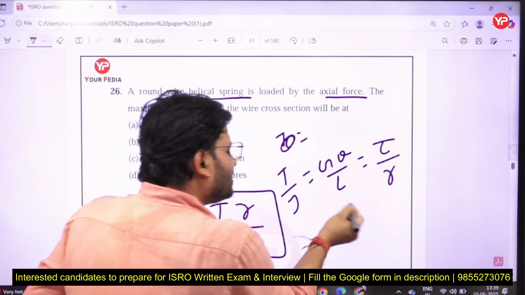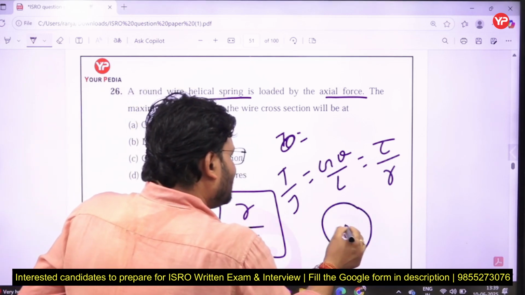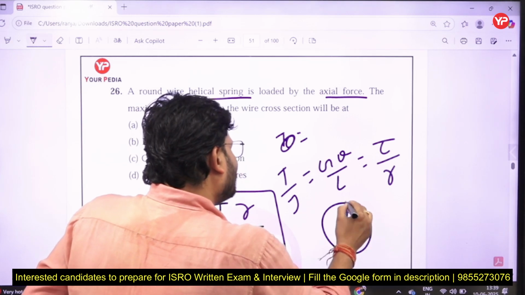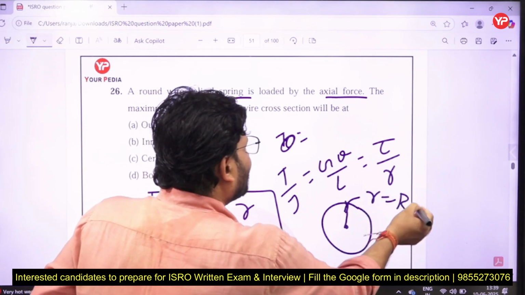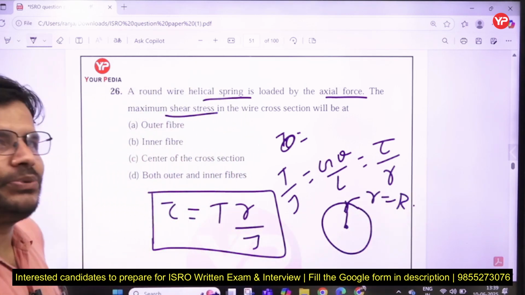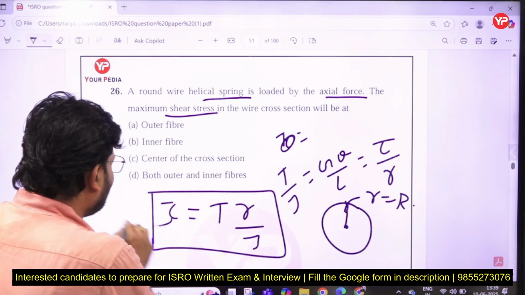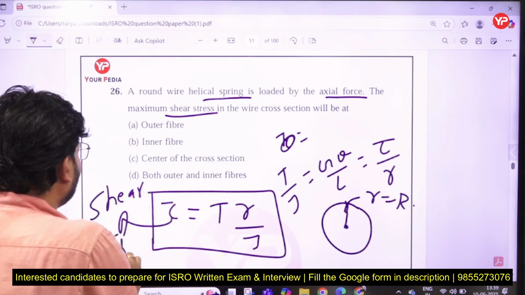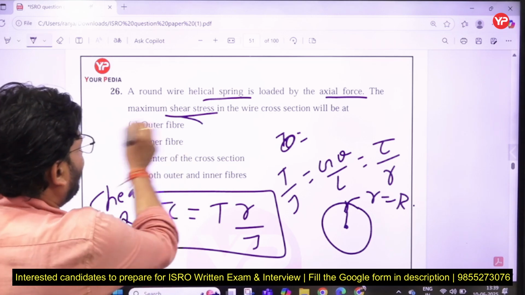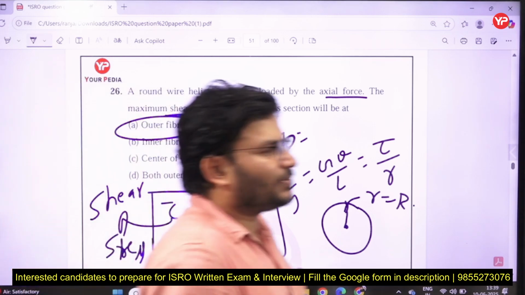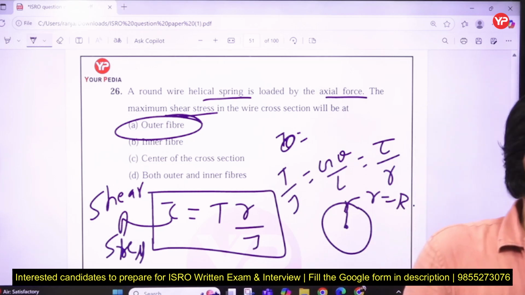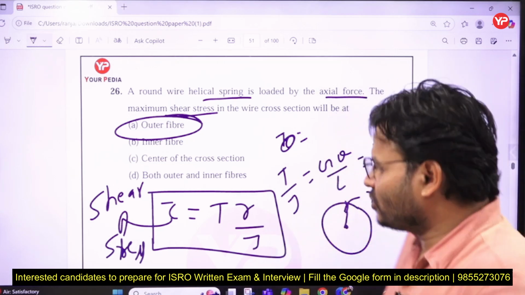So my dear friends, this is the coil. Here it is 0, and as you go away, the radius increases, and at the surface a small r becomes capital R. So where can we get the maximum shear stress? We can say at the outer fiber, where the small r approaches the capital R. So the correct answer will be what, my dear friends?